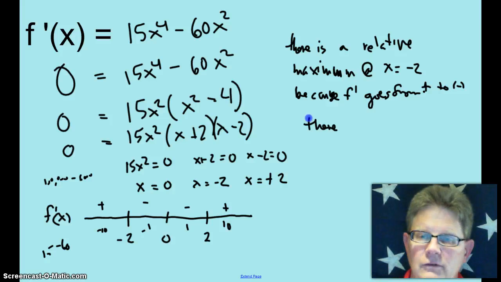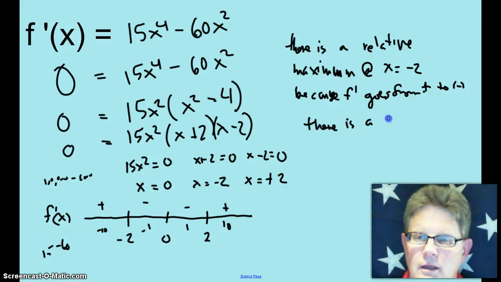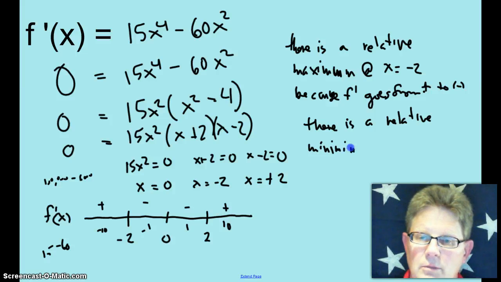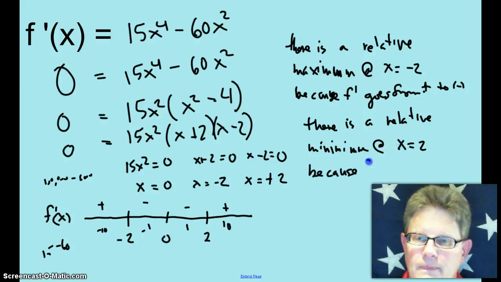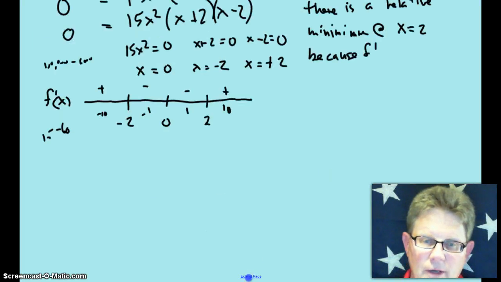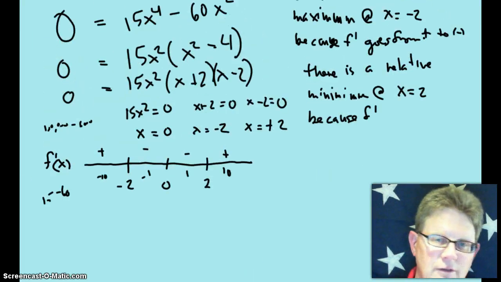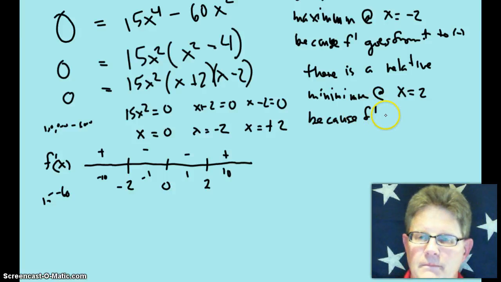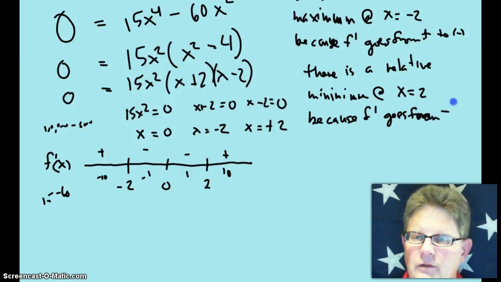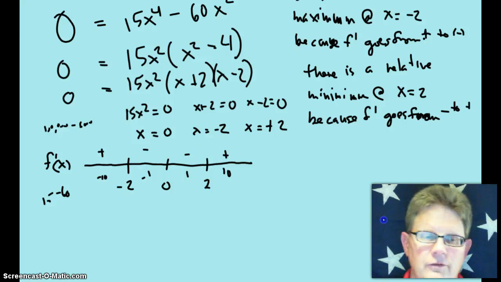And there is a relative minimum at x equals 2 because f prime goes from negative to positive.